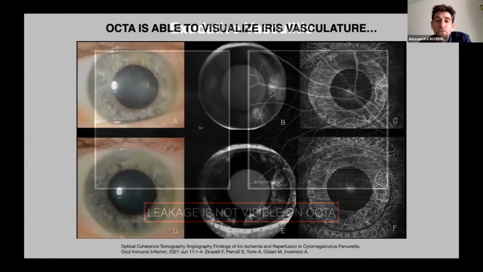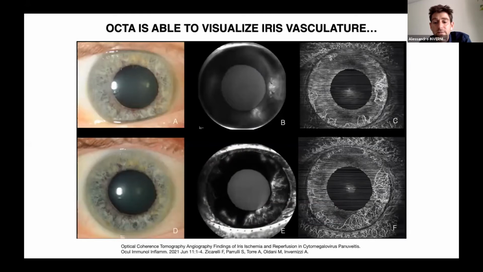But we know that OCTA can visualize the vasculature of the iris quite well, especially with the latest released instruments. Like in this case, we see a patient with CMV retinitis and iris ischemia, and you see that we can see the progression of the disease with OCTA.